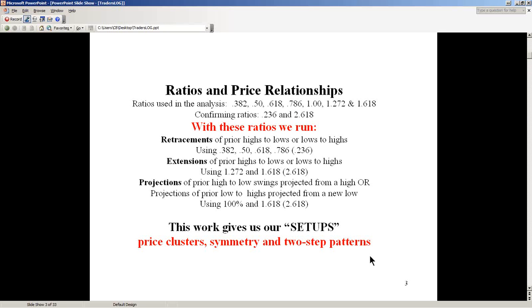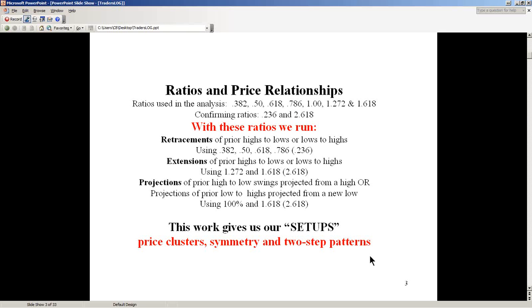As far as the ratios and price relationships that I use, the ratios are 0.382, 50%, 0.618, 0.786, 100%, 1.272, and 1.618. Confirming ratios that I use sometimes will be 0.236 and 2.618.